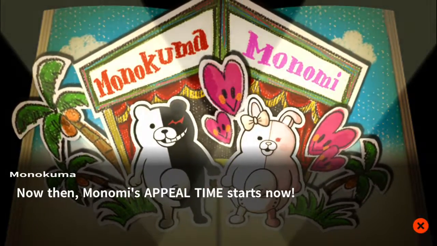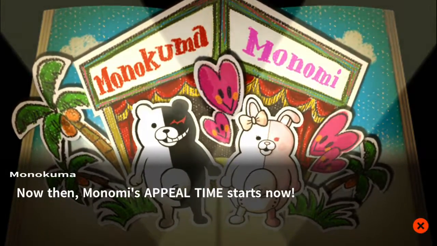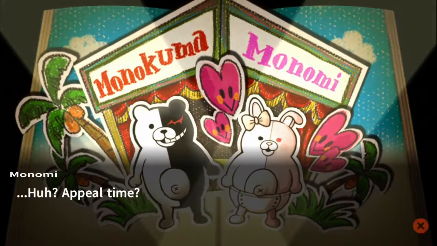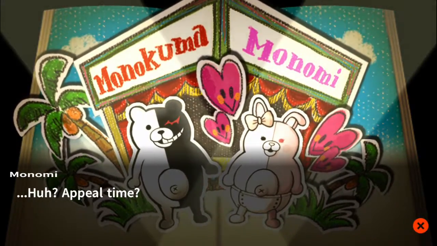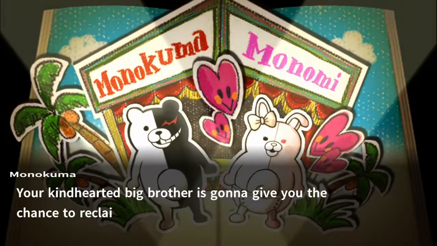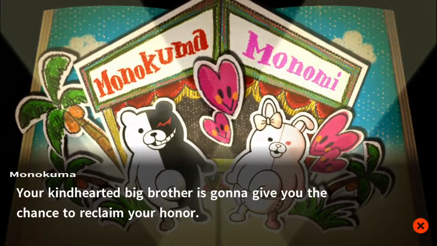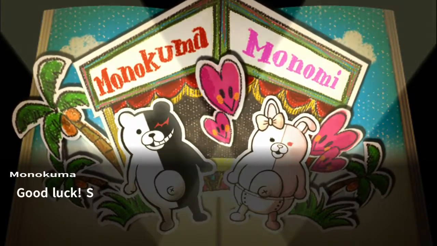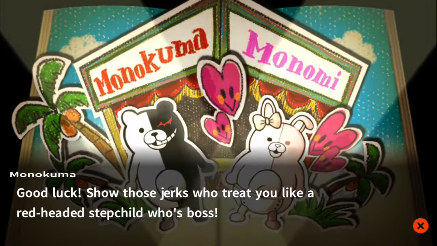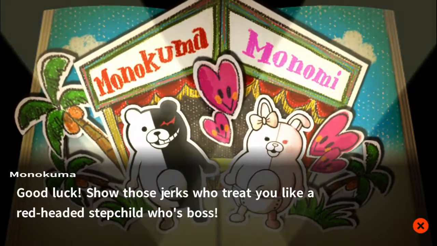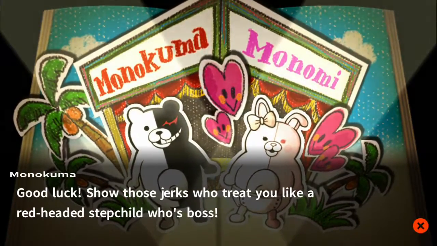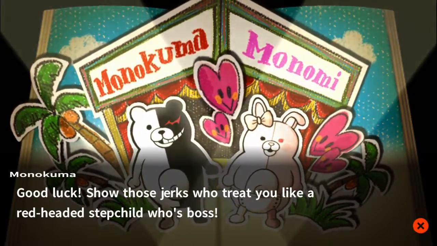Now then, Monomi's appeal time starts now! Huh? Appeal time? Your kind-hearted big brother is gonna give you the chance to reclaim your honor. Good luck! Show those jerks who treat you like a red-headed stepchild who's boss.